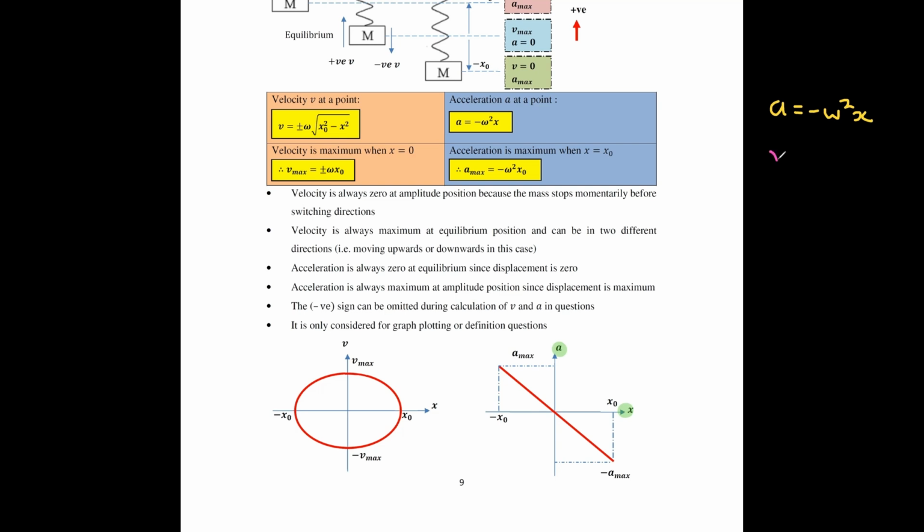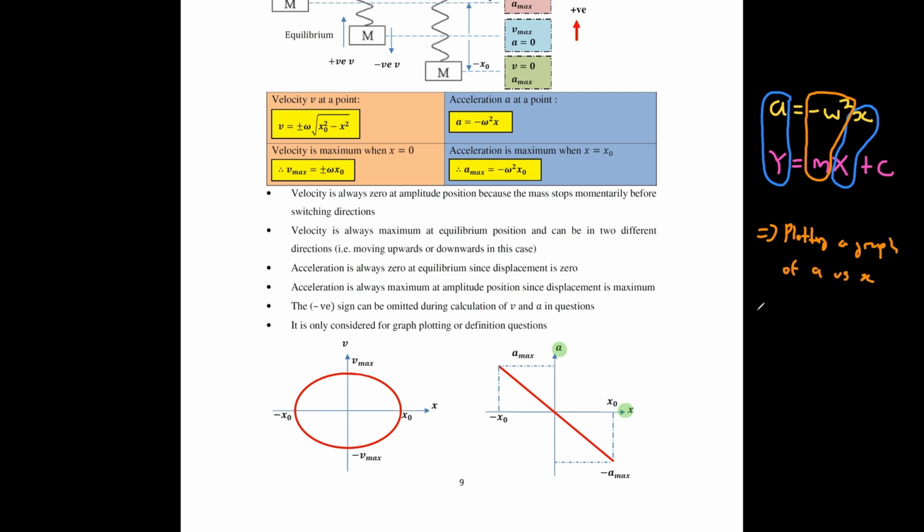If you try to equate this to a straight line equation, the y-axis is a, the x-axis is x, and your gradient would be negative omega squared. So what you can deduce is this: plotting a graph of a versus x gives a straight line through the origin with negative gradient.